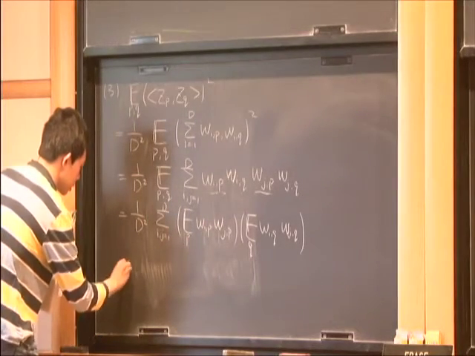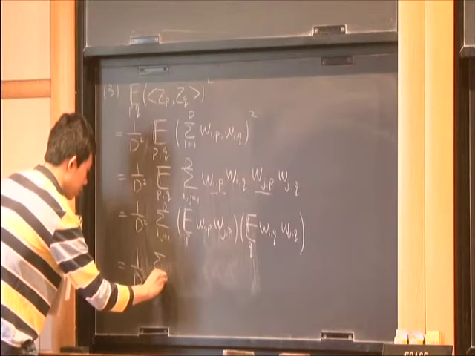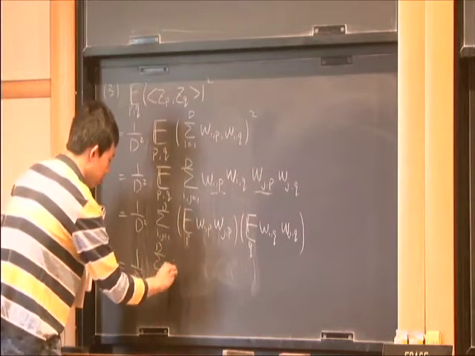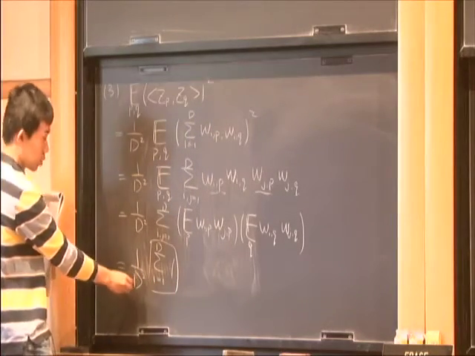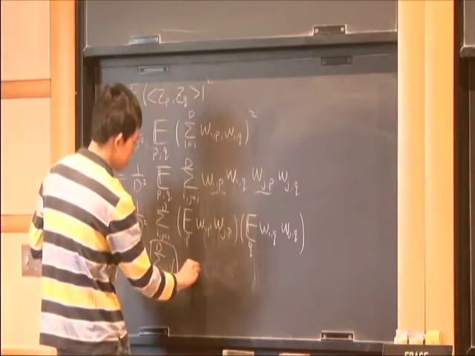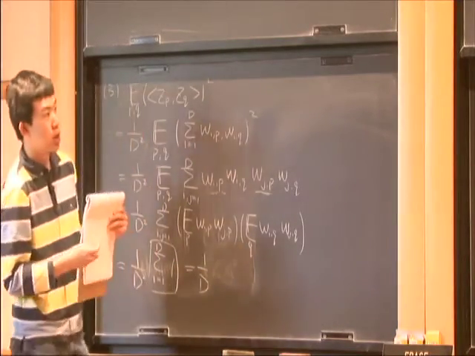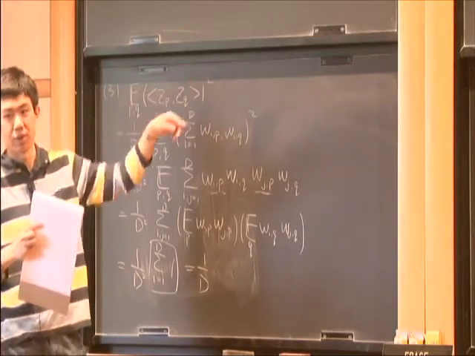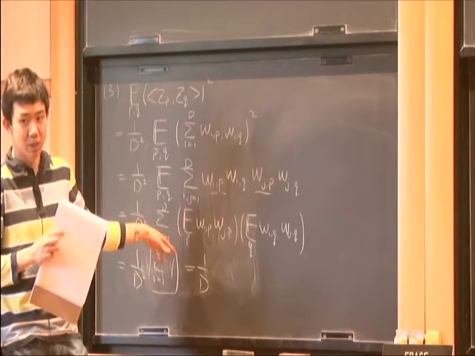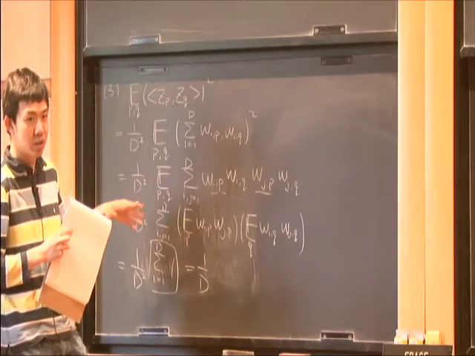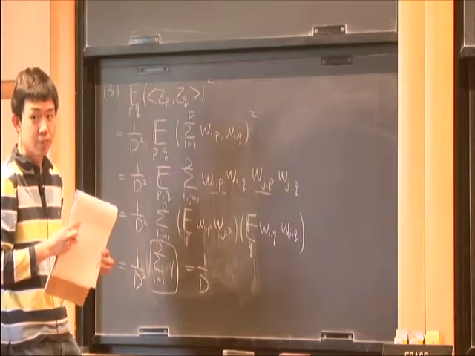So this is 1 over d squared, sum of i from 1 to d, 1. So this one is d, this is 1 over d squared. So this is exactly equal to 1 over d. And so optimal is exactly d. Well, so optimal is at least d, because we already show there's a set of vectors that achieves 1 over d.